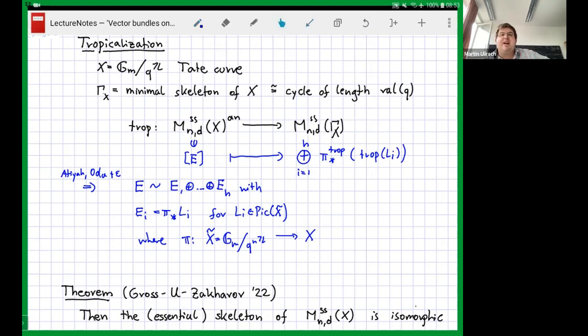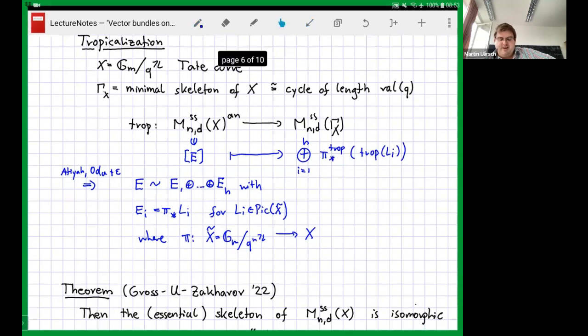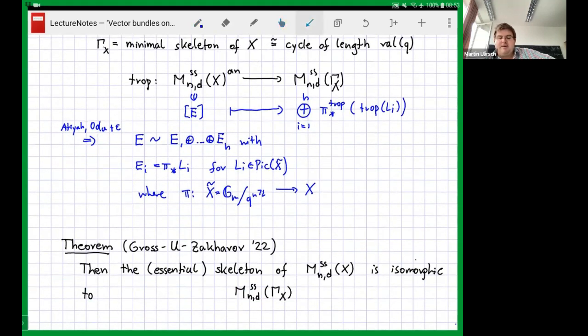The result you can prove about this is about the so-called essential skeleton of this moduli space. This is a Calabi-Yau variety, so it has a best possible skeleton. The skeleton is a piecewise linear subset of this Berkovich space that arises as a deformation retract in a natural way. I would like to say this is isomorphic to the moduli space on the tropical side, but you have to be a bit careful.